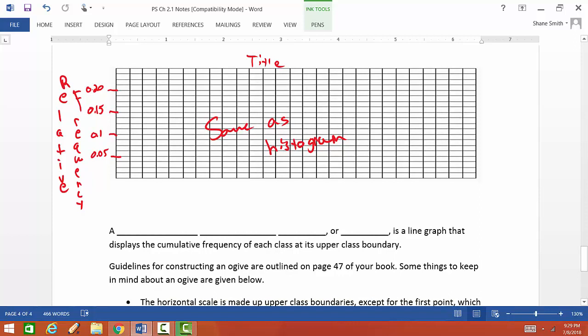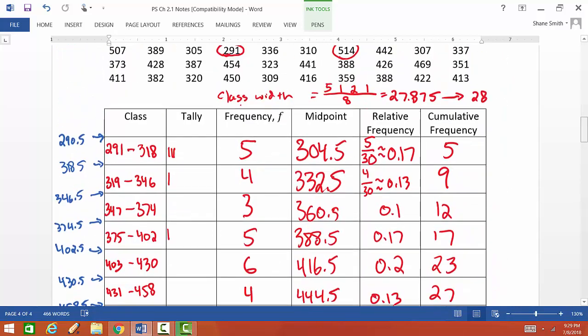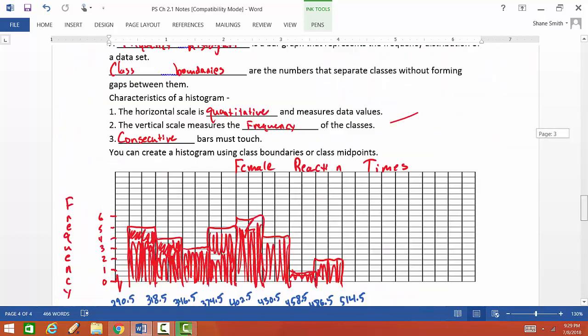So your bars are going to be, like I said, the same heights and the same shape because everything else is the same. Also, you don't have to use class boundaries for the histogram. You can use the midpoints. Now, if you use the midpoints, I'll just show the first couple here. If you use the midpoints, make sure the tack mark goes underneath the middle of the bar. So the first midpoint, again, we're going to go back, is 304.5, 332.5, and 360.5.